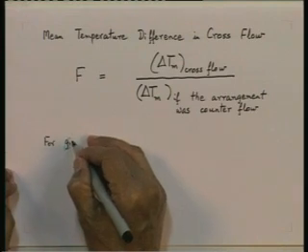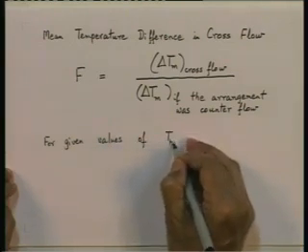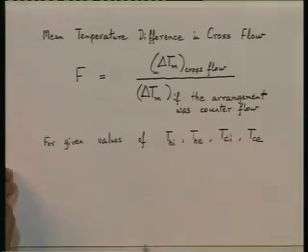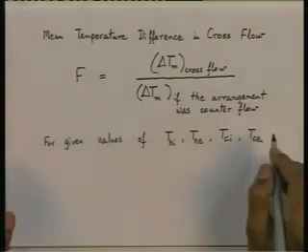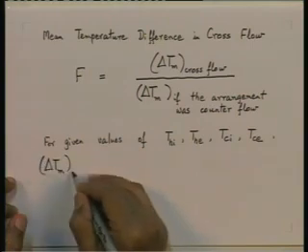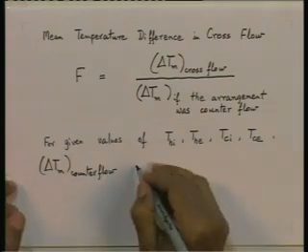For given values of T h I, T h e, T c I and T c e, that is, given values of the inlet and outlet temperatures on the hot side and cold side, the delta Tm in counterflow is the highest.